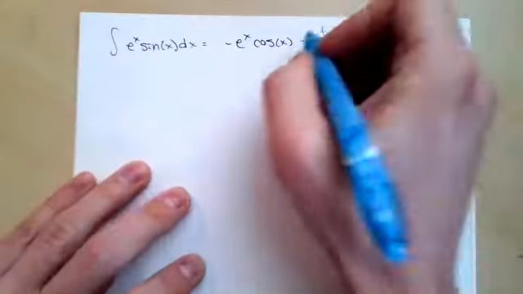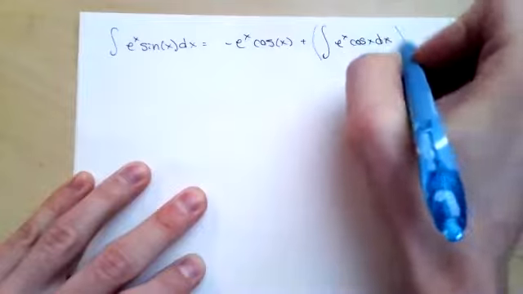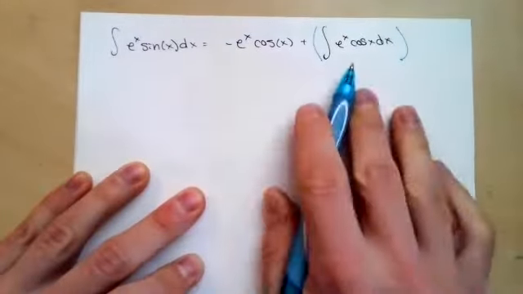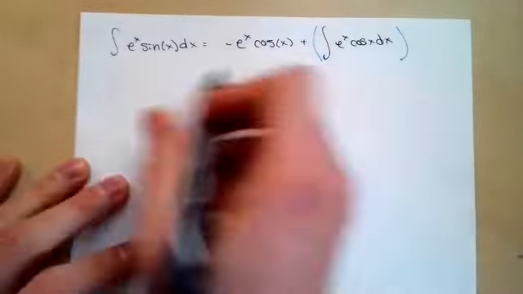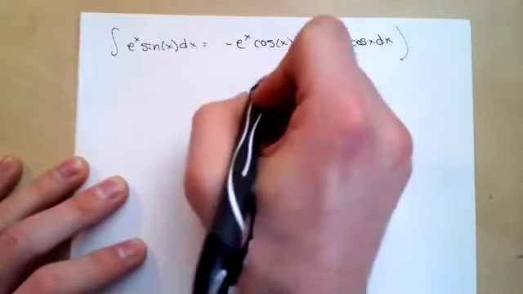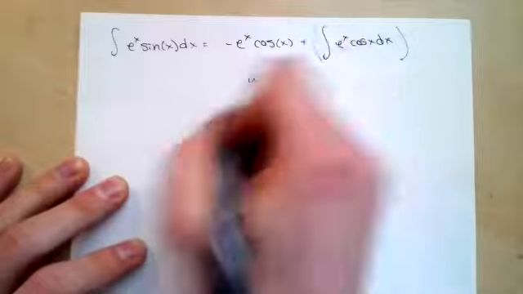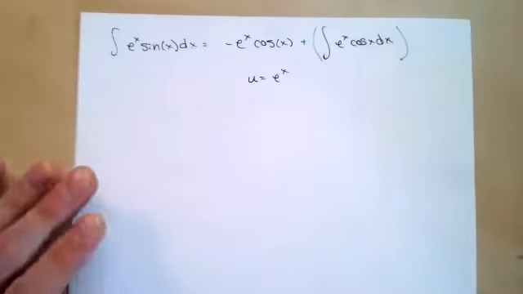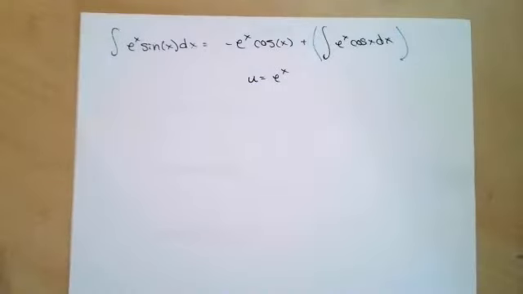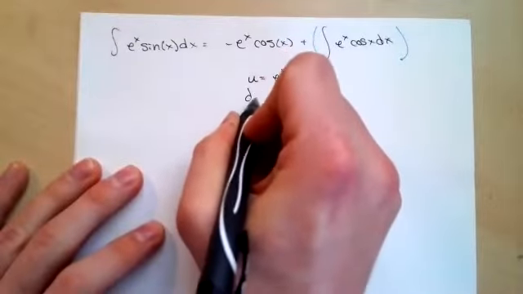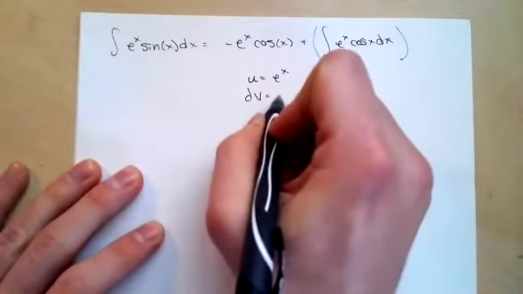And so now what we want to do is integration by parts again with this guy. So we're going to have our u, we have to make the same choice, e to the x, and our dv as our cosine x.